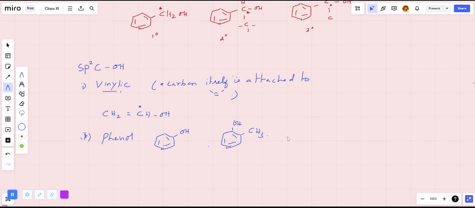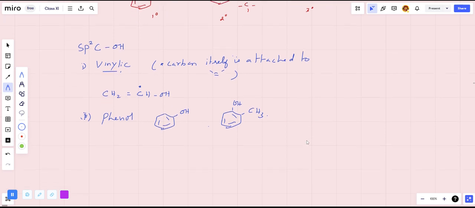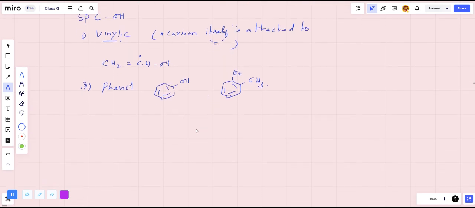So this is an example for phenol. So this is the classification of alcohol. Alcohol and phenol we have seen. We'll see next.